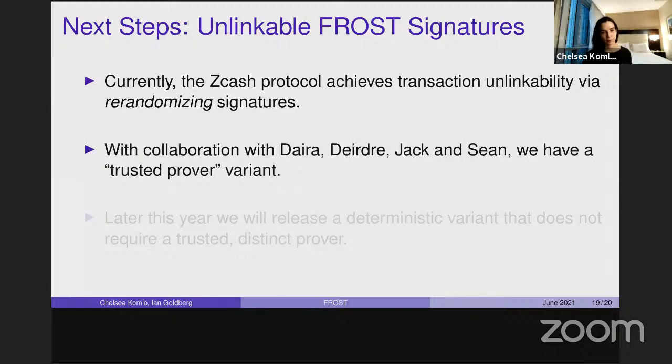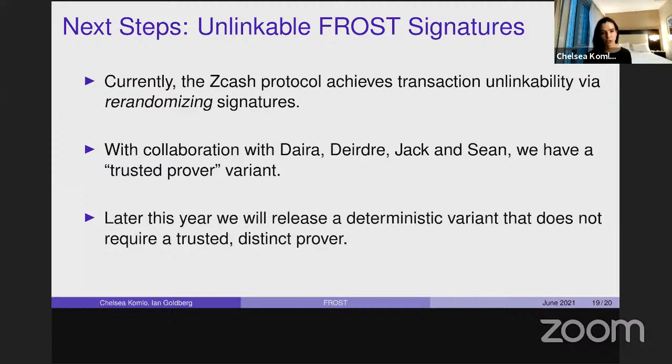And one thing that we've been working on in collaboration with Dara, Deirdre, Jack, and Sean is having several different notions of what it means to have unlinkable FROST signatures. So we have one variant where we have this trusted prover model. And then we have a second variant which doesn't require this trusted distinct prover. And I'm currently working on proofs for both of these models, and these are things that we'll have finished quite soon.